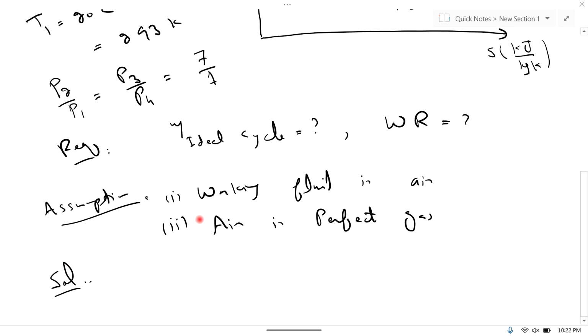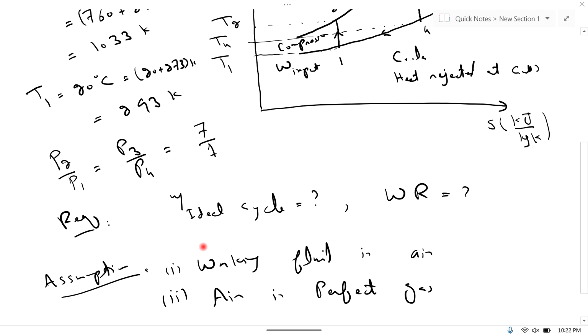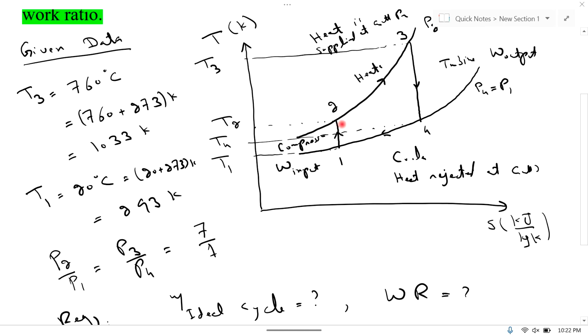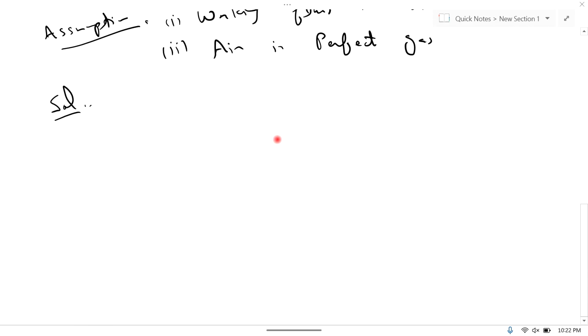To find work, heat supplied and heat rejected, first we have to find T2 and T4. T1, the minimum temperature, and T3, the maximum temperature, are given, but we have to find T2 and T4. For T2, T2 divided by T1 is equal to P2 divided by P1 to the power gamma minus 1 divided by gamma, where gamma for air is 1.4.